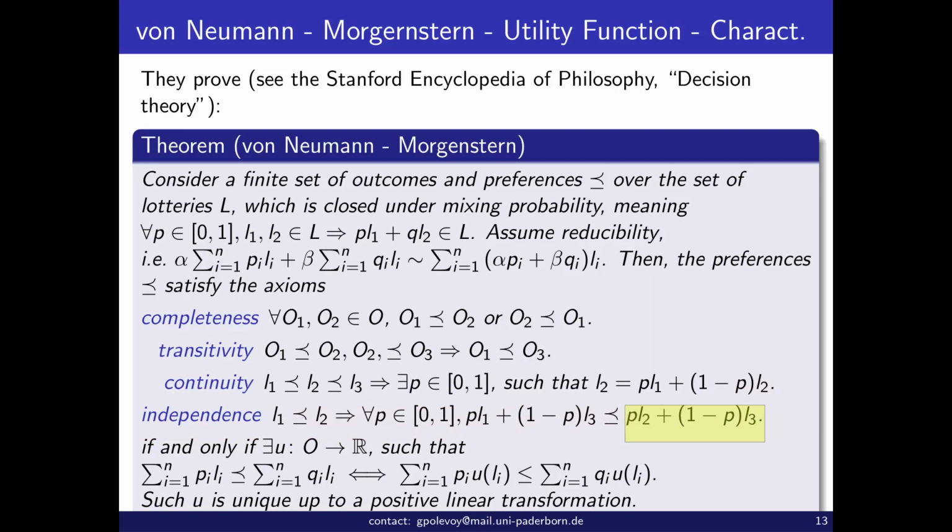So, very roughly, an example: if I prefer an apple to a pear, and you say, okay, I'll give you half an apple and 2 grapes, and compare this with half a pear and 2 grapes.